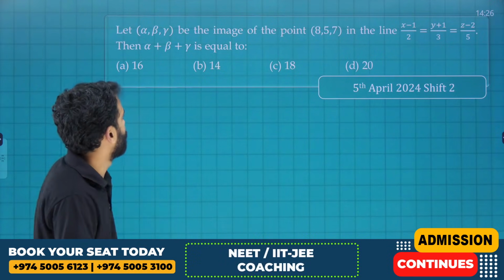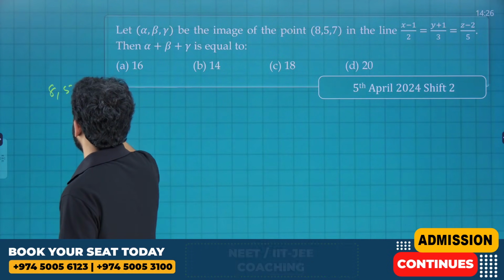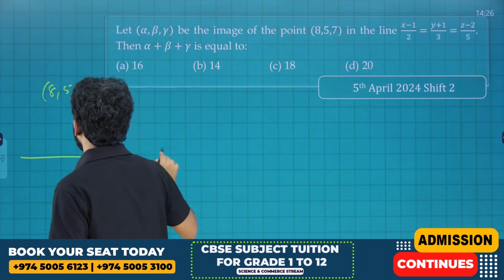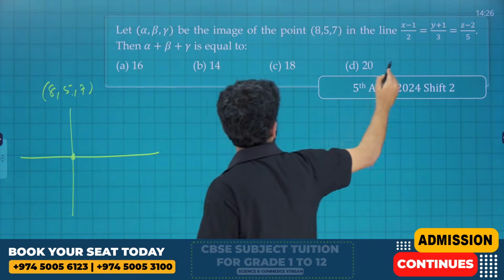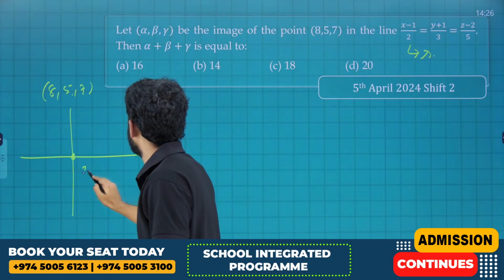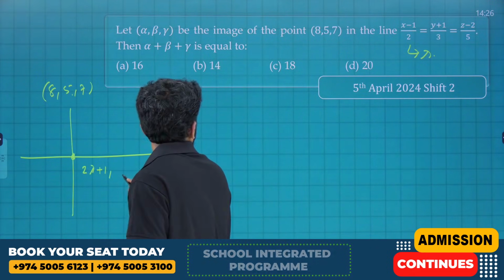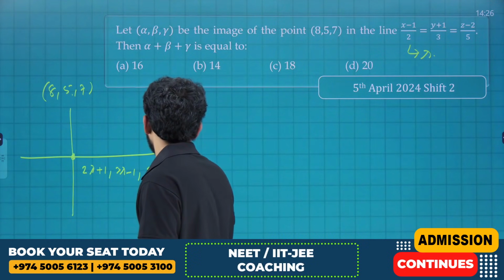Image of the point 8, 5, 7, right? That is 8, 5, 7, we can write like this. And the foot of the perpendicular can be marked using our famous and beloved parameter lambda, that is 2 lambda plus 1, 3 lambda minus 1 and 5 lambda plus 2.